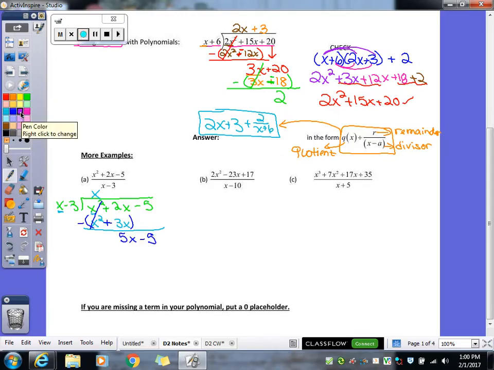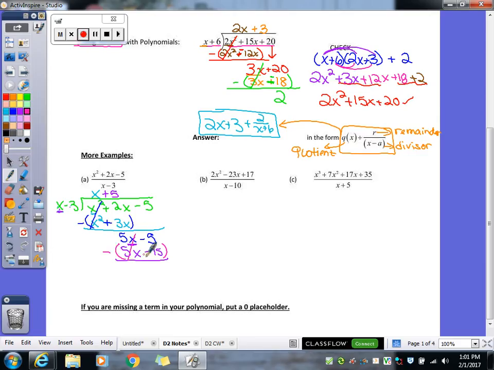And then we got to bring down our minus 5, so we have 5x minus 5 now. What times x is going to give us a 5x? 5, so plus 5 up there. 5 times x is 5x. 5 times negative 3 is negative 15. So we subtract them.